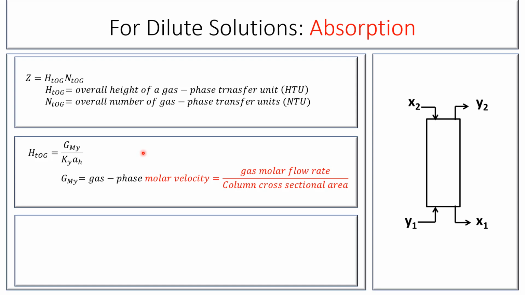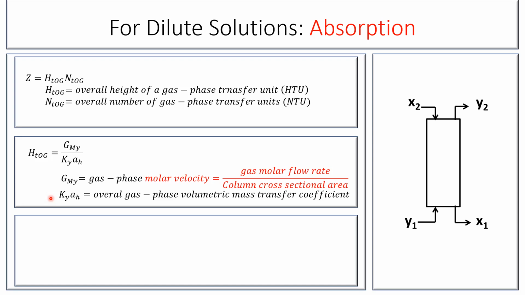And capital KyaH is the overall gas phase volumetric mass transfer coefficient. Here I call it volumetric mass transfer coefficient because we are using aH, which is the hydraulic specific surface area. We already know how we calculate capital Ky, the overall mass transfer coefficient, by knowing small kx, small ky, and the Henry's constant.